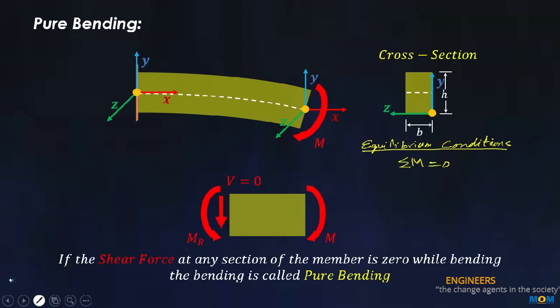So the reaction moment is equal to the moment, whereas the shear force is 0. And if the shear force at any section of the member is 0 while bending, the bending is called pure bending.